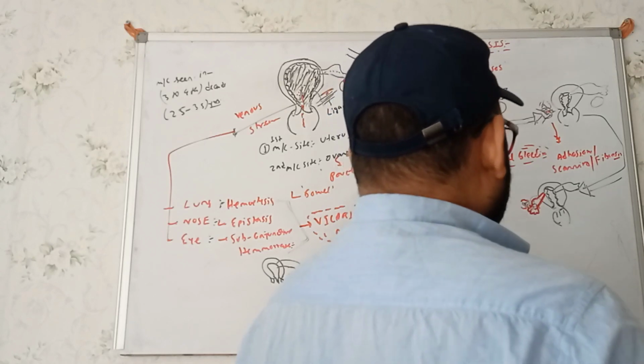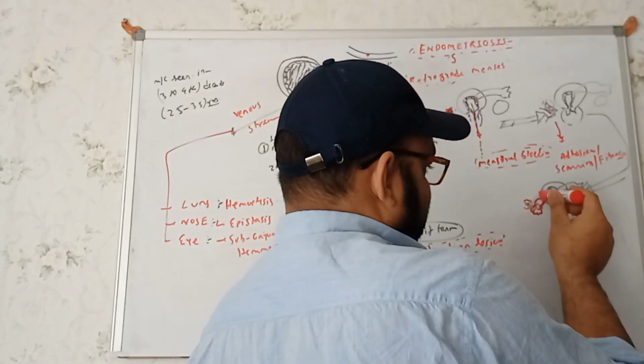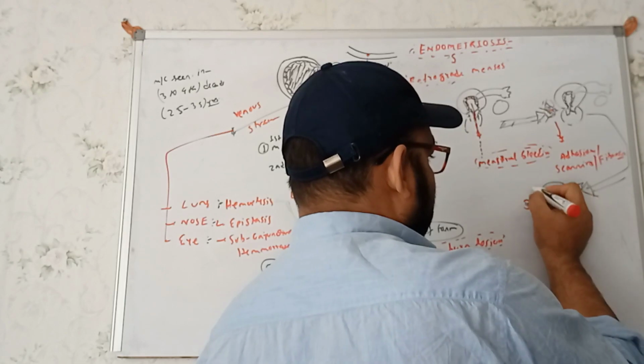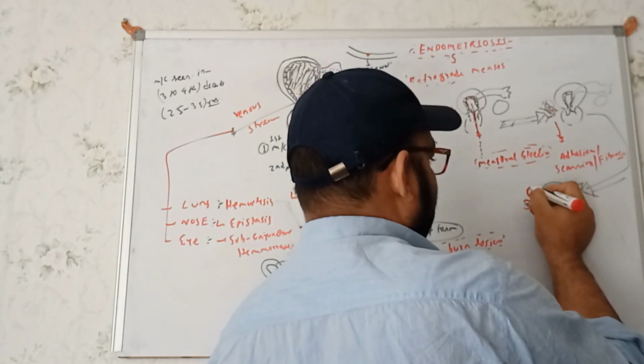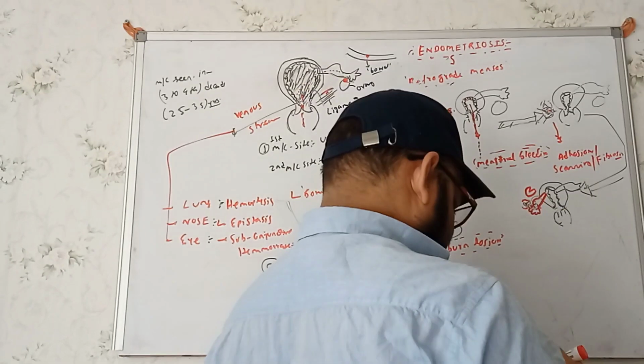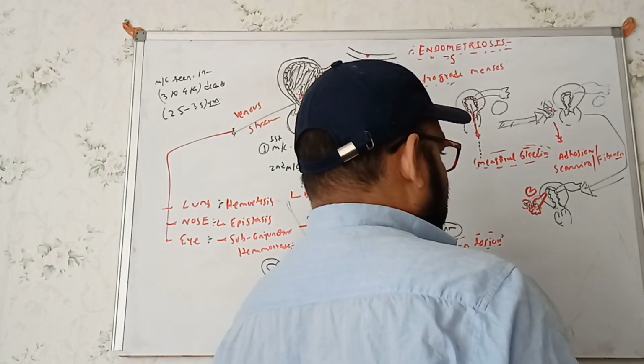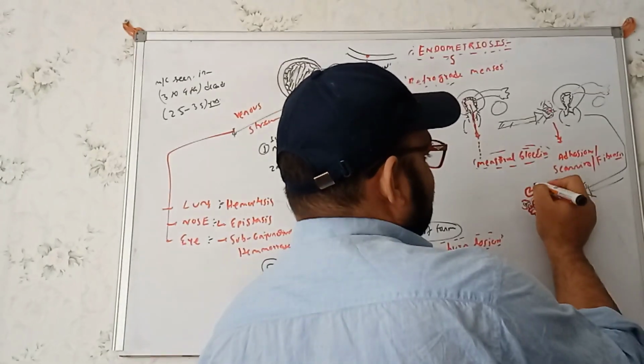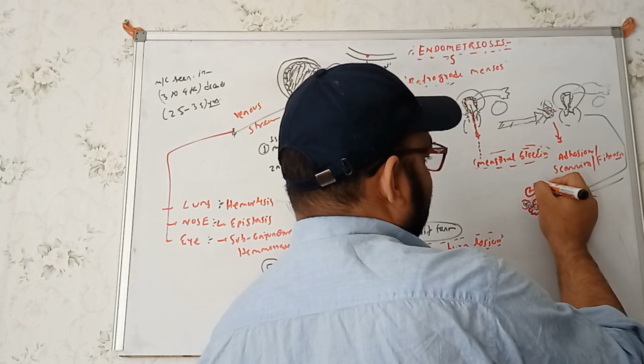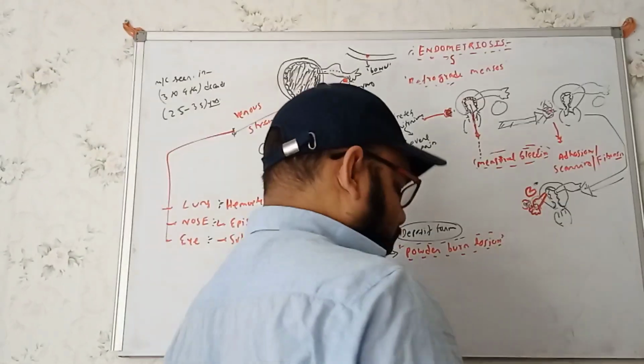fibrosis process. So ultimately, whenever this part comes downwards, the ovary will be over here, of course, but there will be no attachment of the ovary with the fallopian tube. So the ovary, during the LH surge, will release the ovum, but this ovum, normally, what do you know?